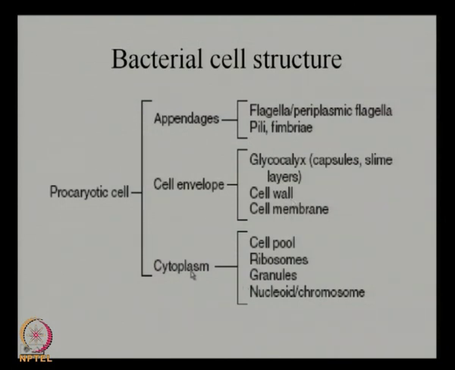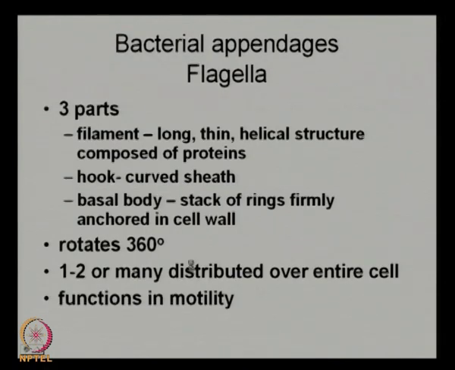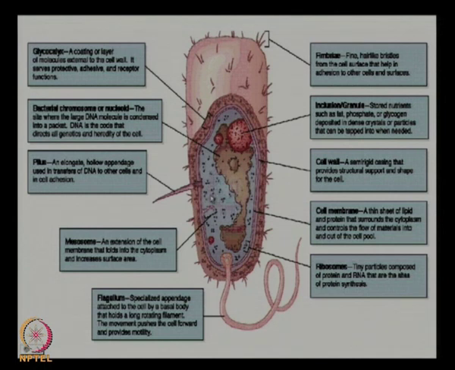When we are considering the cytoplasm, it is the cell pool, the internal liquid or internal material which is protected by the cell membrane and the cell wall of this bacteria, followed by these appendages.